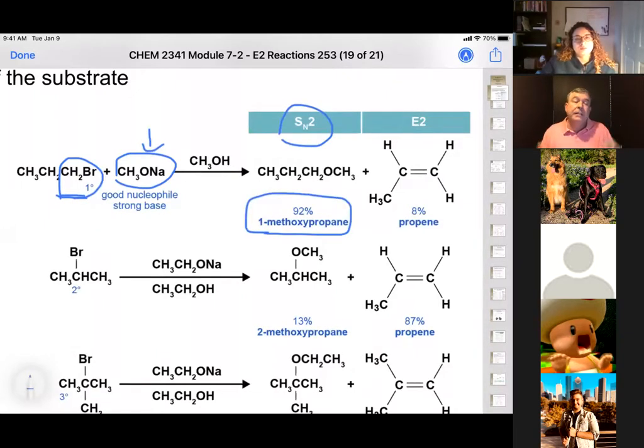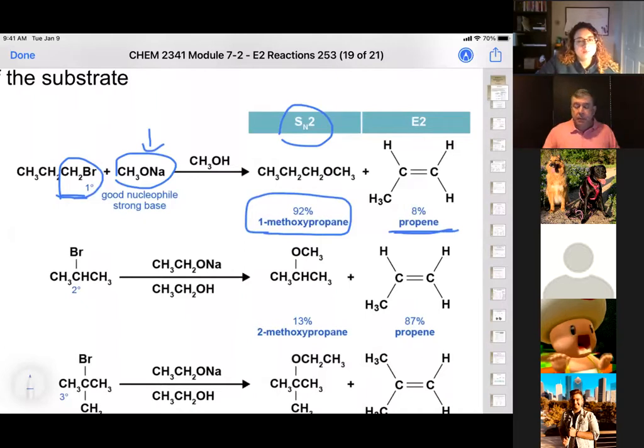So in your primaries, even if you have a good base, you will get a significant amount of the SN2. It will be your major product. But note, you do get some of the elimination product right here, the E2 product, okay? That's because it's such a strong base, okay? So when we have our primaries, think that it can act more like a nucleophile than a base and give you the substitution product as the major product.